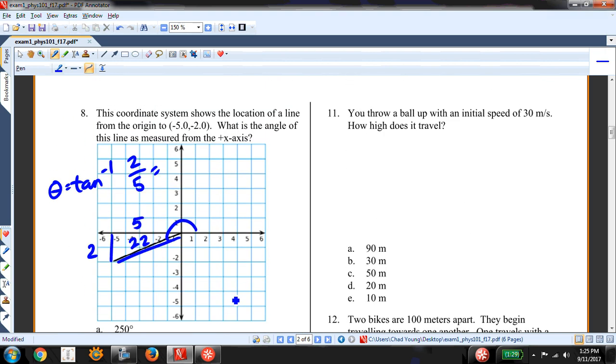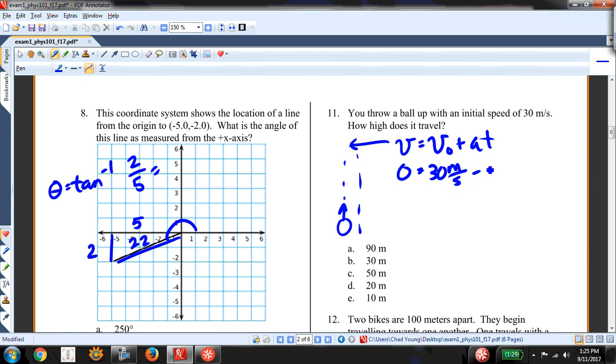You throw a ball with an initial speed of 30 meters per second. How high does it travel? It goes up, comes back down again. Let's find the time up here at the top. I know that the velocity is equal to 0, and that's equal to v naught plus at. So I say 0 equals 30 meters per second minus 10 meters per second squared. That's my acceleration times t. So t is equal to 3 seconds. I don't know how high it travels.